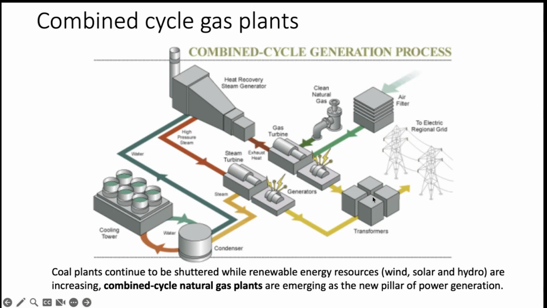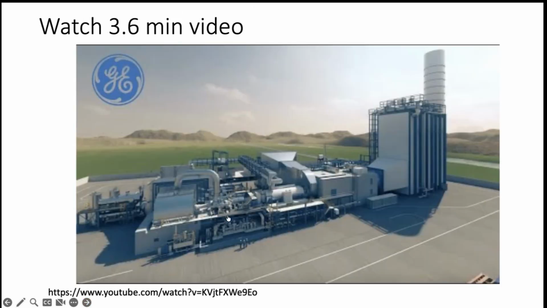This is where the electricity goes out, but here's the natural gas and the air for the gas turbine, and then it recovers the heat, and then it goes into a second turbine. That's why it's combined cycle, and this generates more electricity. And then there's a cooling tower and all that. So I think we've got a video, so you don't have to try and memorize that, but here it is.